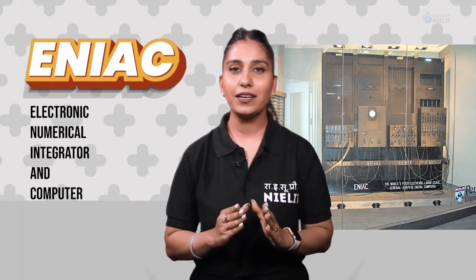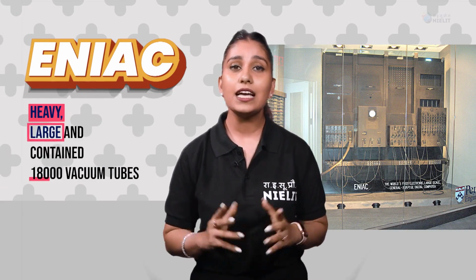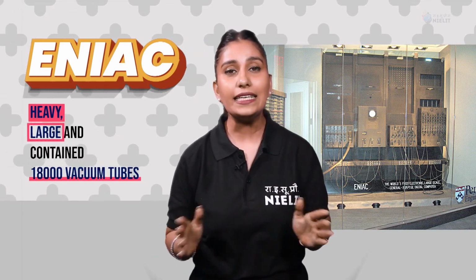The main first generation computers are ENIAC, which is Electronic Numerical Integrator and Computer, built by J. Presper Eckert and John V. Mauchly. It was a general purpose computer. It was very heavy, large, and it contained 18,000 vacuum tubes.